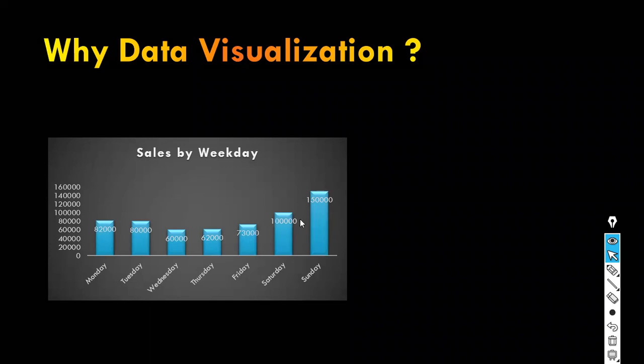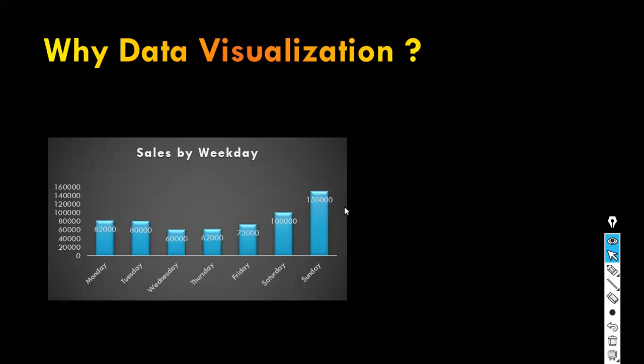Friday it is going up, and Saturday and Sunday we can see that. But Monday, the sales is dipping. Monday and Tuesday are better compared to Wednesday, Thursday, Friday. But following Sunday, there is a drastic dip in the sales.